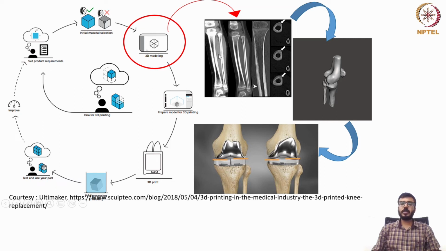It starts from medical imaging such as CT or MRI, and then this is converted to a virtual 3D model, and then this is 3D printed using 3D printers to obtain the final physical product.